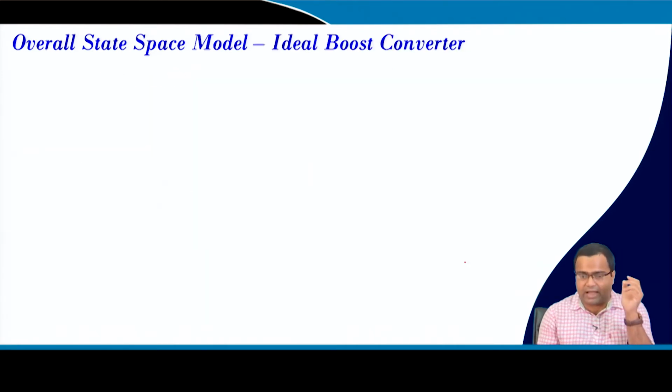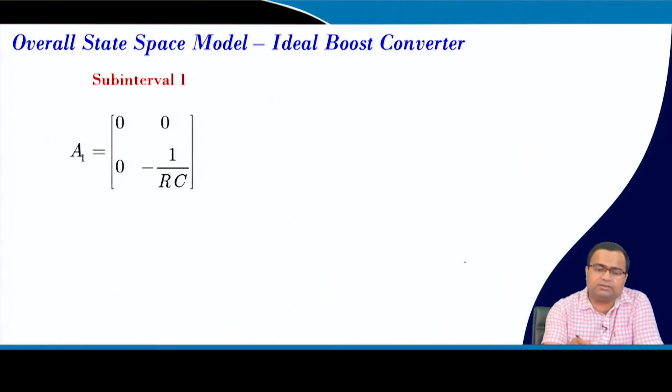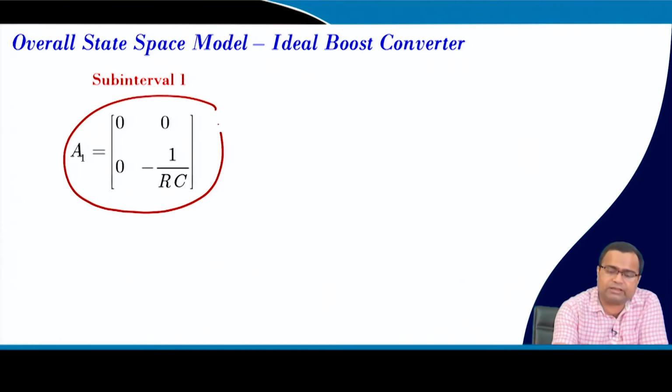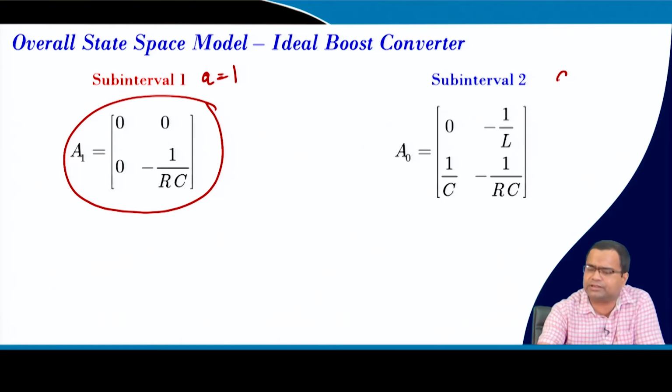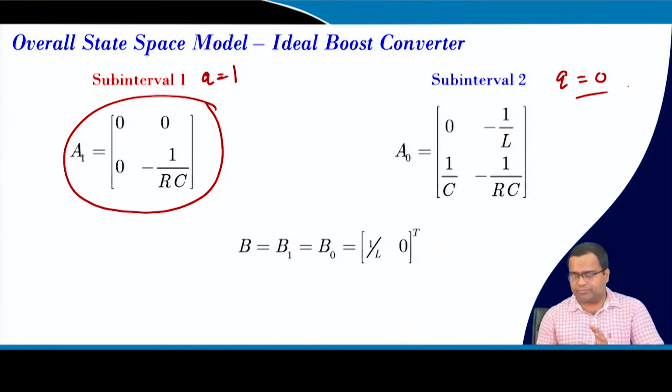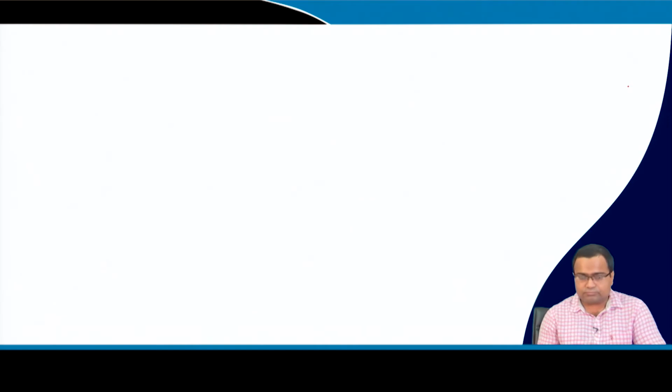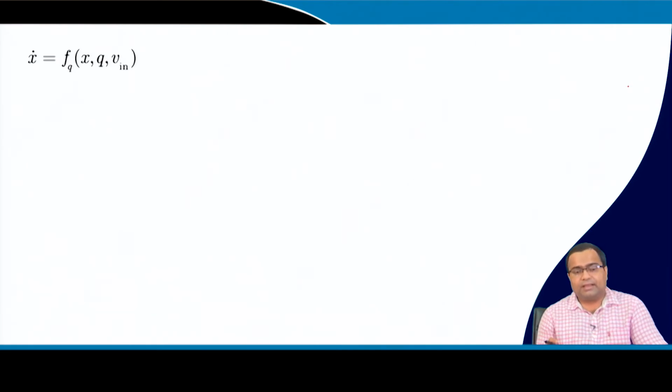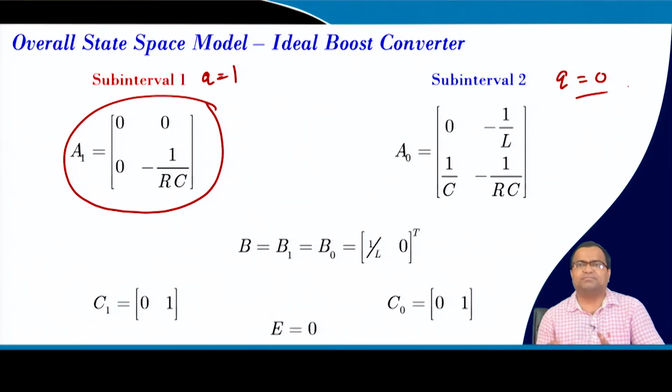Now if we take an ideal buck boost converter, the A1 matrix, that means when Q is 1, we can get, and the A0 matrix when Q equal to 0 we can get. B1 and B0 matrices also you can get, and the C1 and C0 matrices. Now we can combine this into vector form.